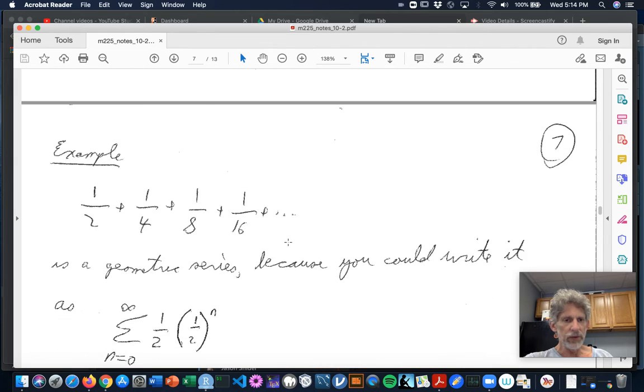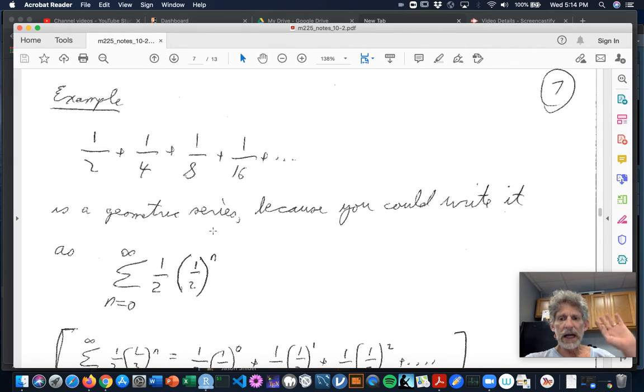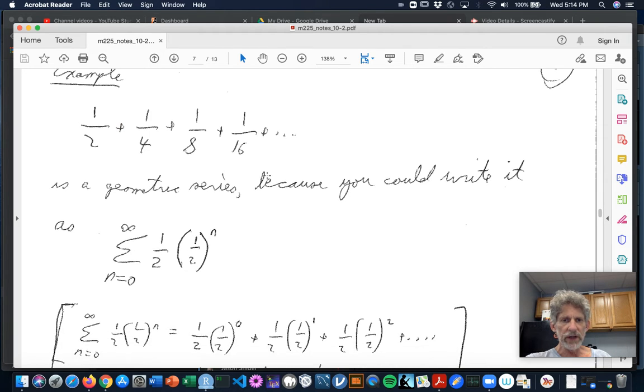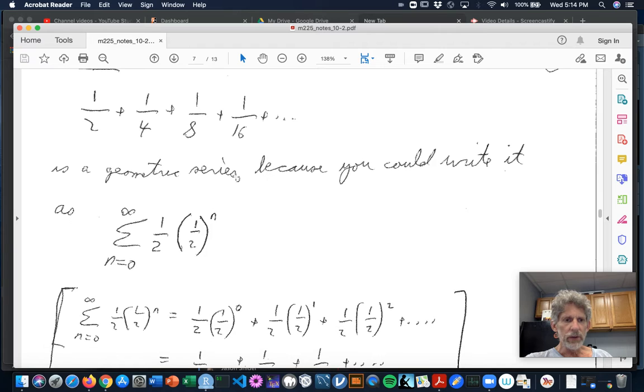So, examples, they're all over the place. The cake eating thing, that infinite series of how much of the cake you eventually eat if you just go on day after day after day, is a geometric series, because you could write it like this.